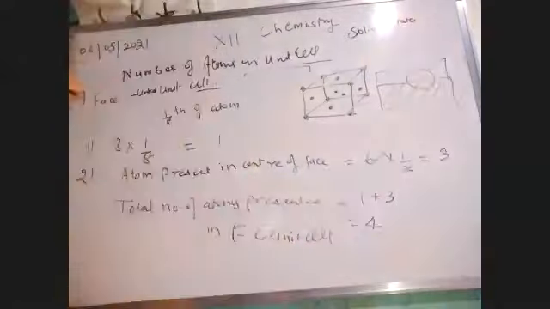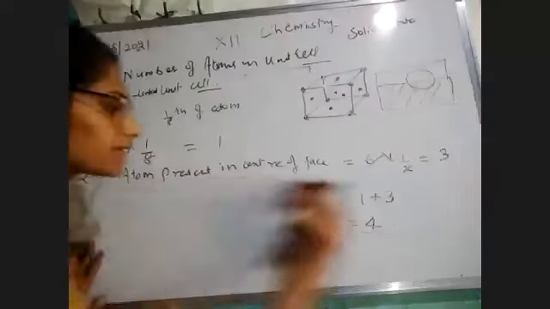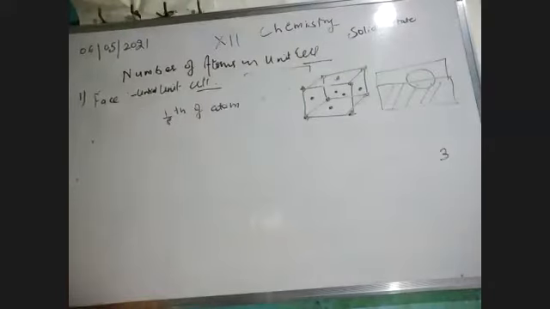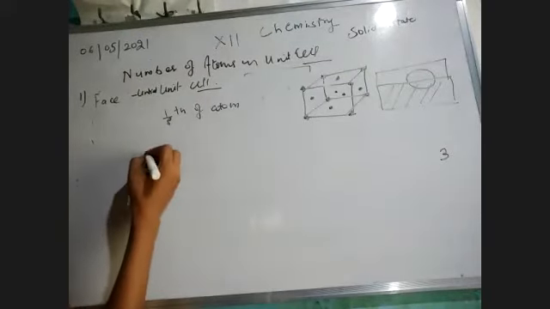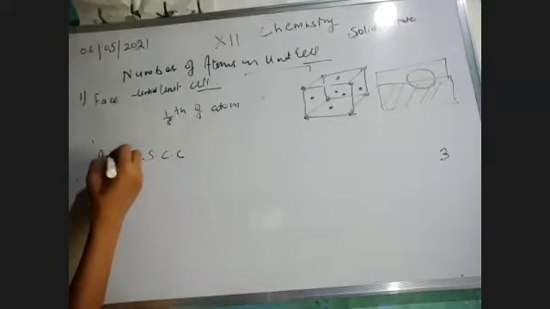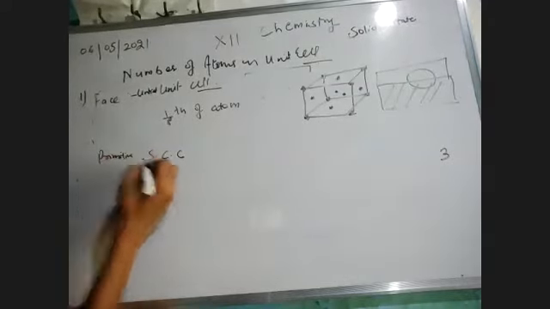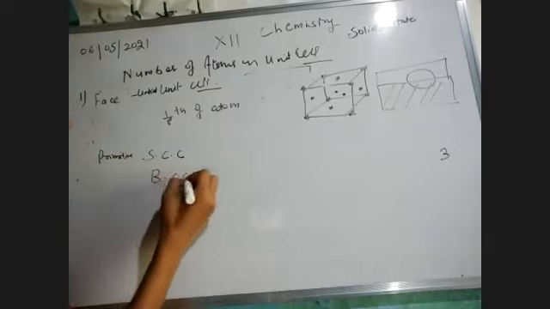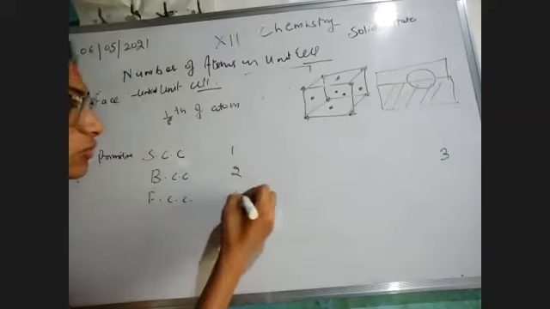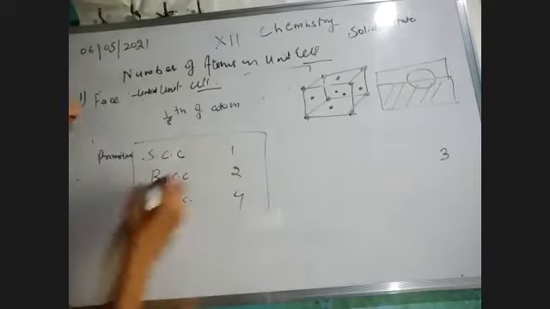Okay, so let me recapitulate this as a table which you can remember. Simple cubic unit cell, or we can also say primitive, body centered unit cell, face centered unit cell: 1, 2, 4. These are the number of atoms present.